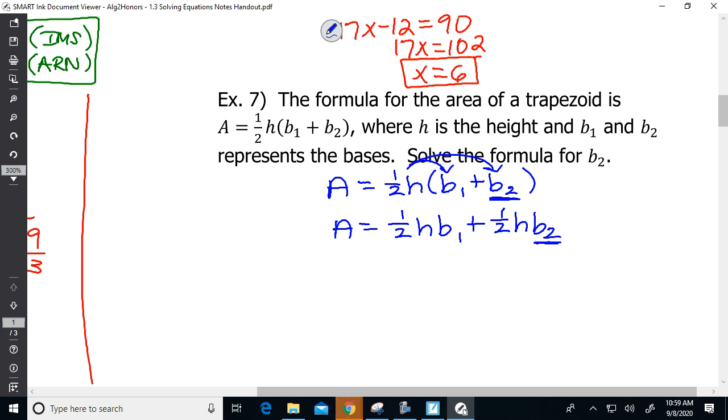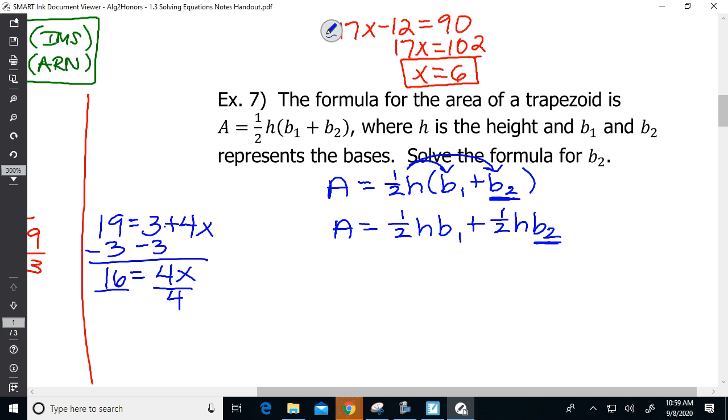So solving this equation is similar to solving this, like solving that. Solving this equation is like solving that equation. So if you were solving this equation, you would subtract 3 on both sides and divide by 4. You're not doing anything different over here. 1/2 h times b1, that's a number.